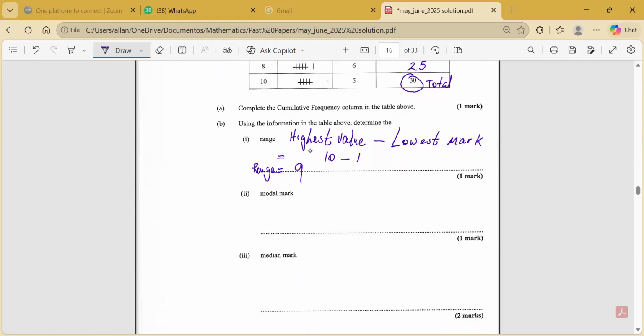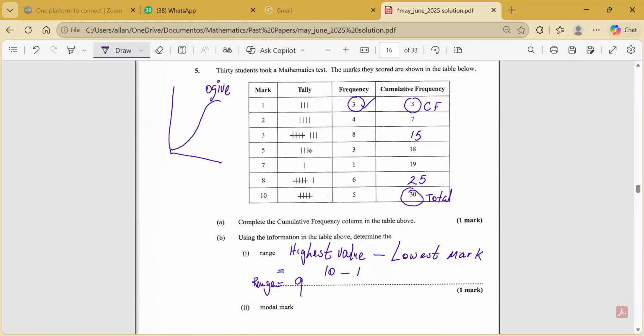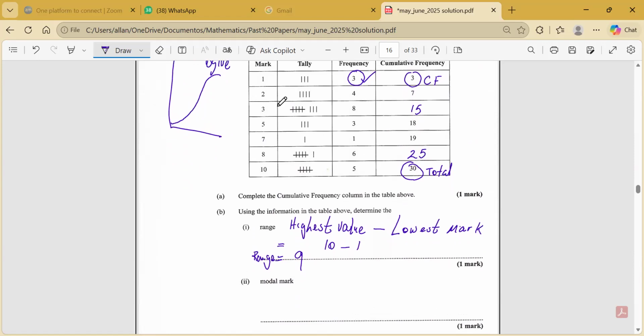What does median mean? No. Number 2. What does modal mean? The mark that happens the most. Right, the value that occurs the most frequently.